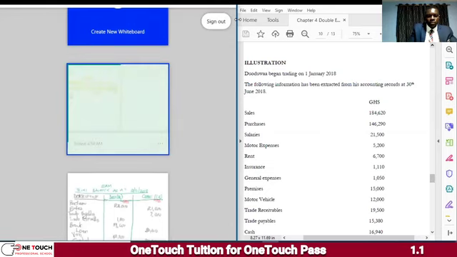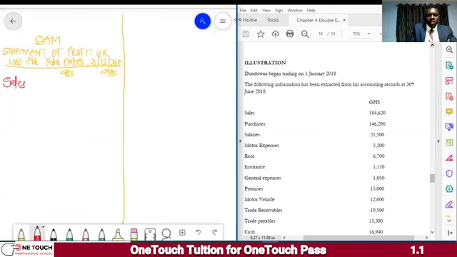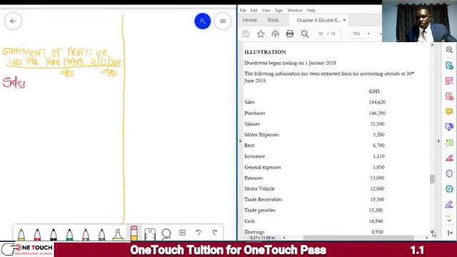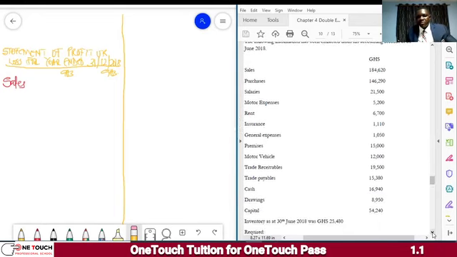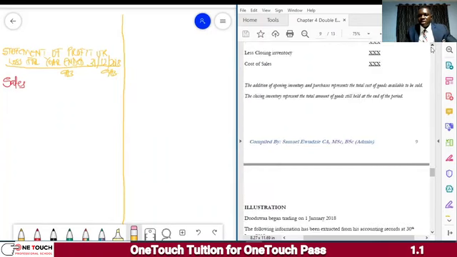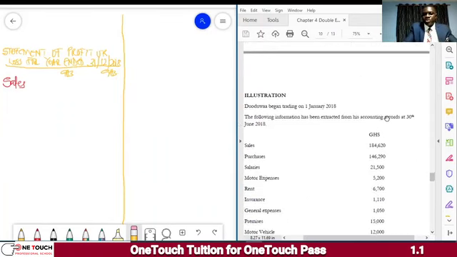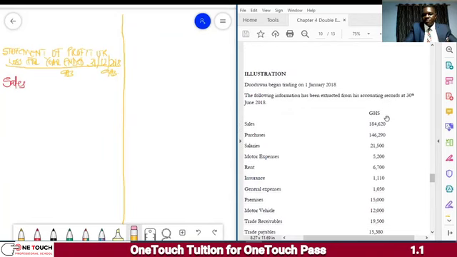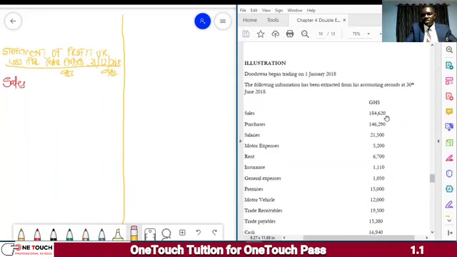Good. So let's make use of this instead so that I can have the question side by side so that I can have an appreciation. So this is a trial balance extracted. Dodua began trading on 1st January 2018. The following information has been extracted from his accounting records as at 30th June 2018.